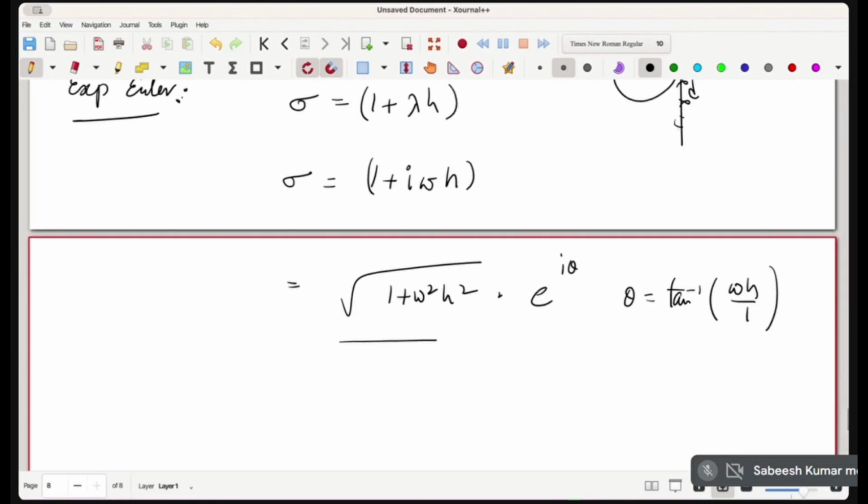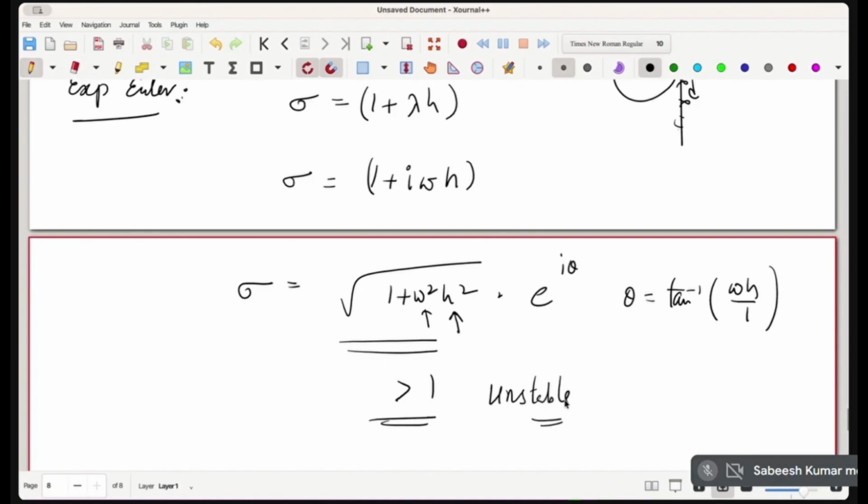Okay, so this is your sigma. For any value of omega, whether positive or negative, omega square is always positive, and for any positive delta t, this magnitude is always greater than 1. That's why this is always unstable, not stable at all.